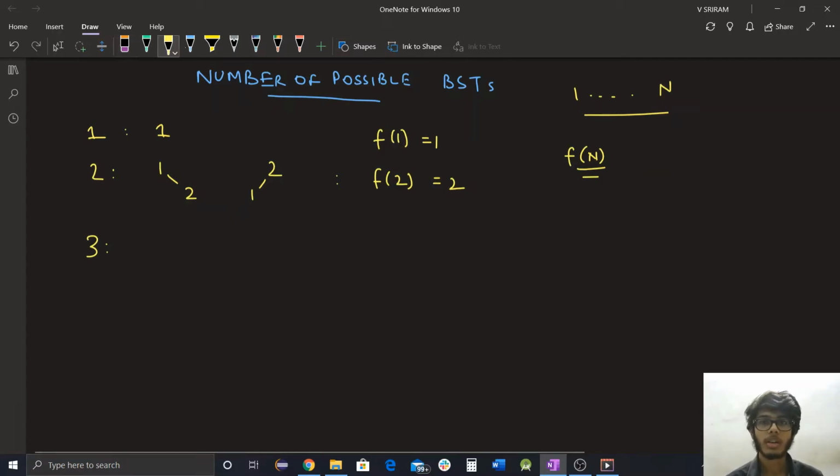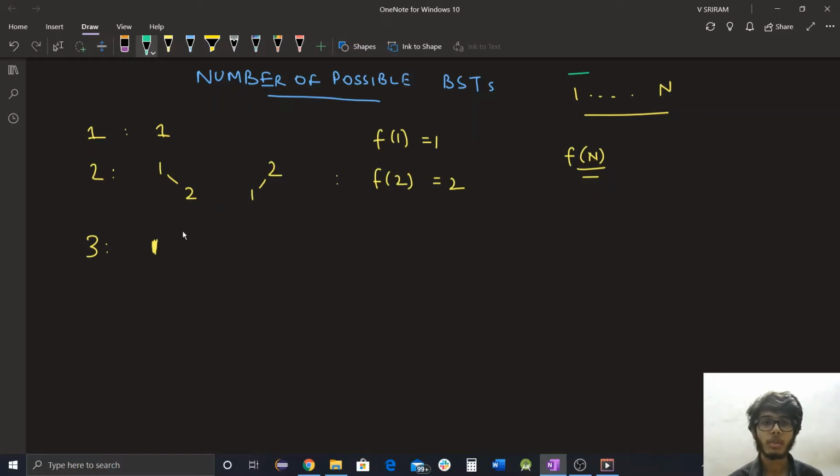So let us first count the number of trees when 1 is the root node. Now if 1 is the root node, we know the property of binary search tree that every node to the left of 1 should be smaller than 1 and every node to the right of 1 should be greater than 1. Because we are dealing with natural numbers, we don't have any number that is to the left of 1.